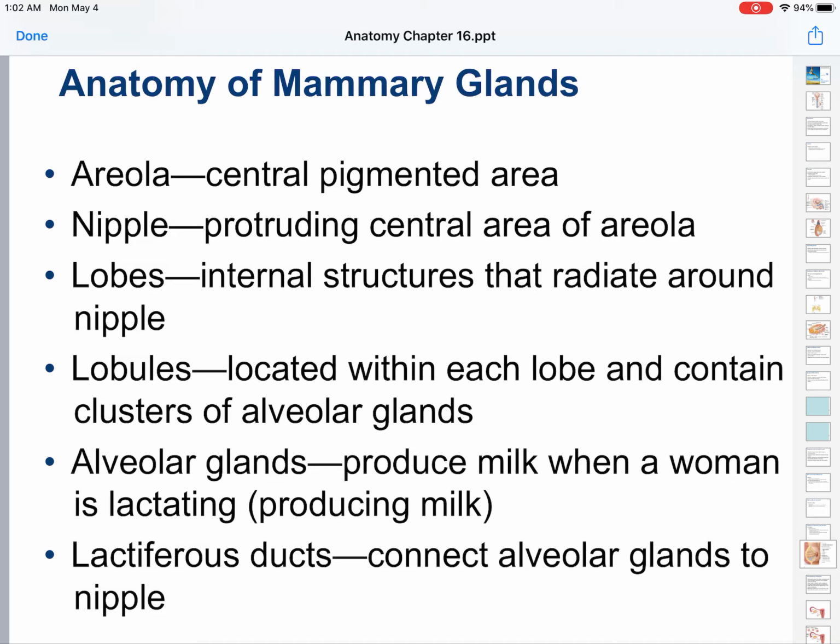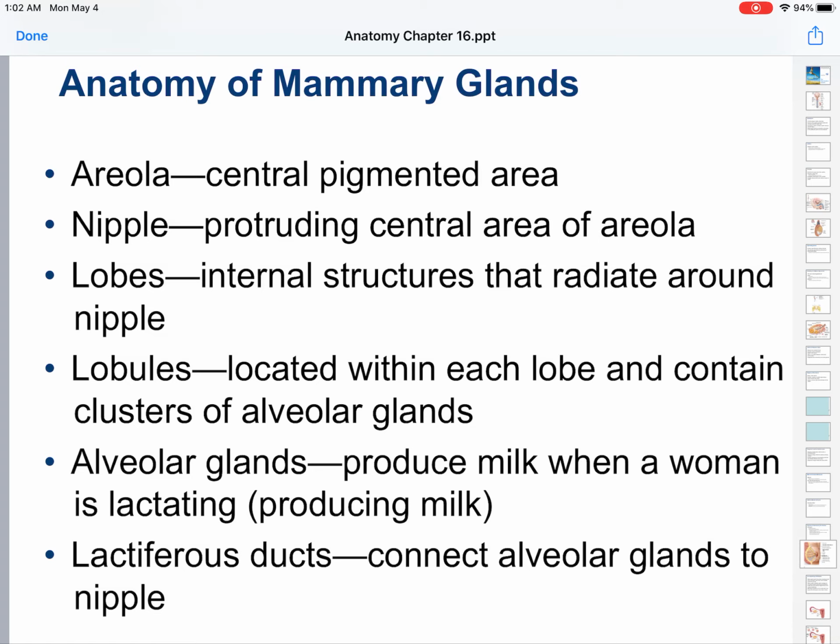Here is the anatomy of the mammary glands, which is also the anatomy of much of the breast as well. You have the areola, which is the central pigmented area, and the nipple, the protruding central area of the areola, which eventually the child will be able to get milk out of.